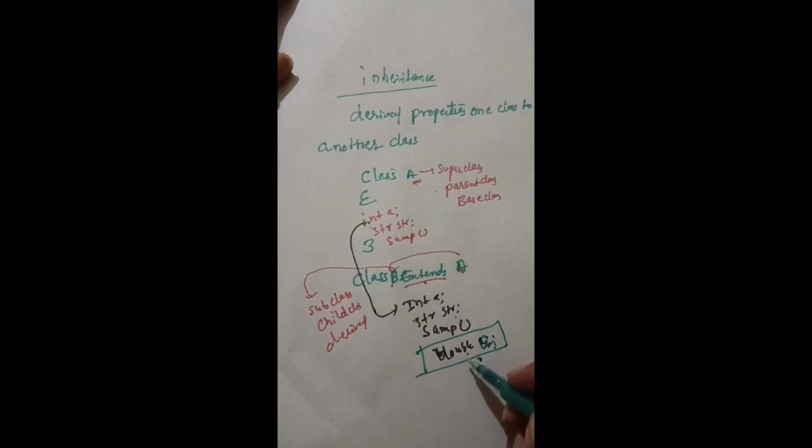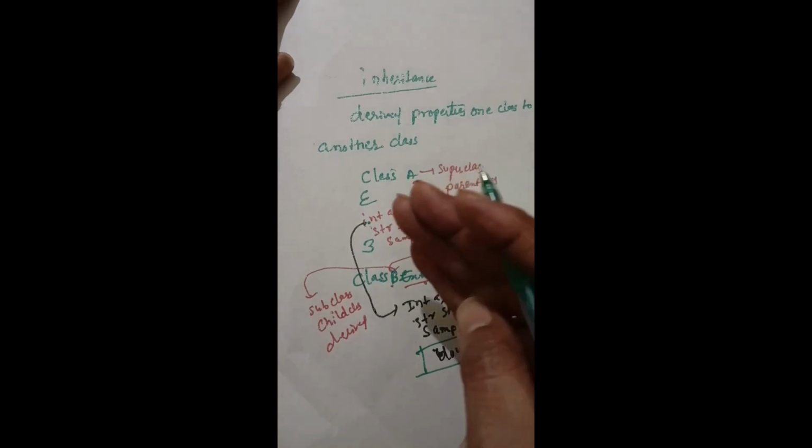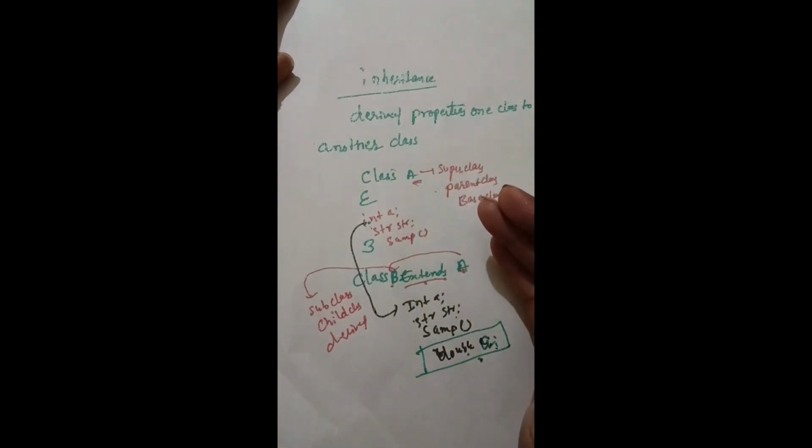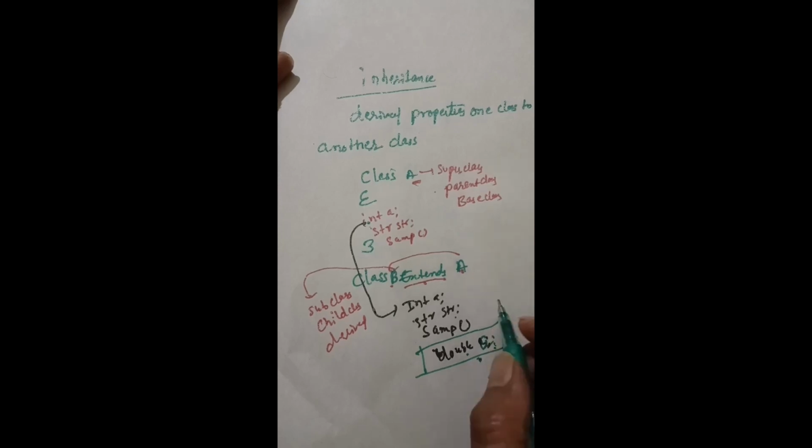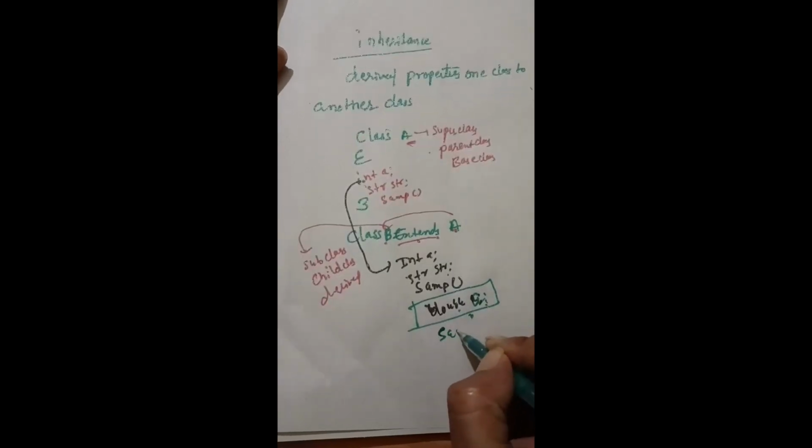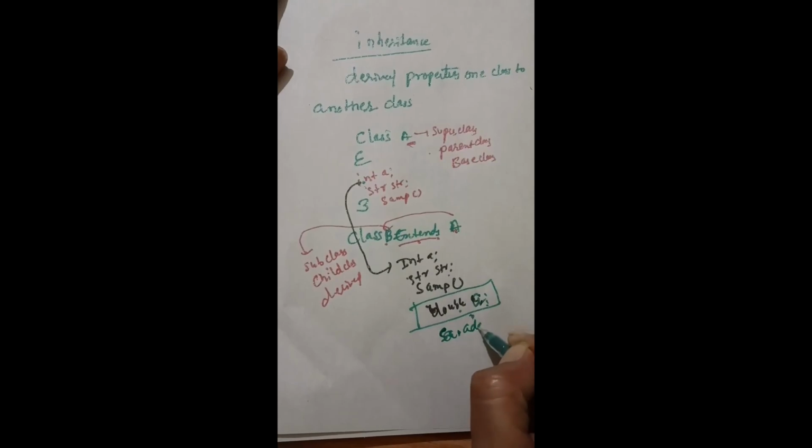The use of inheritance is code reuse: write one class and extend it to another class. We need not write it again and again. Extra methods can also be added in the subclass, not available in the parent class.